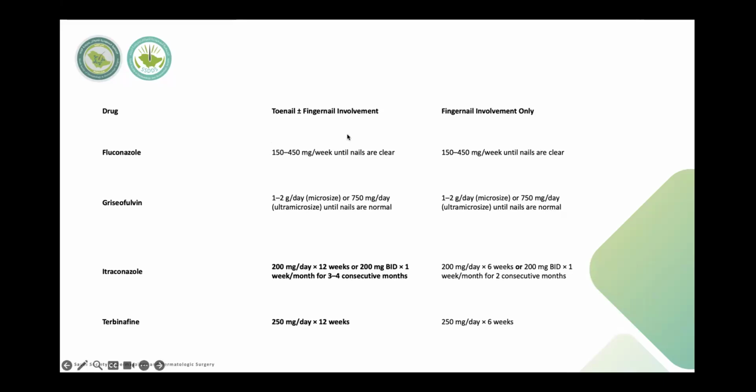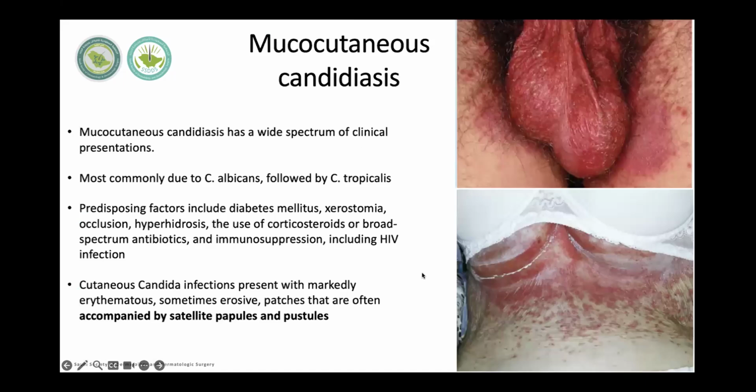Tinea usually causes toenail and then fingernail, so fingernail without toenail, look for psoriasis or other causes. But if it's just fingers and proven to be fungal, the course will be half. So instead of 12, it will be 6 weeks.